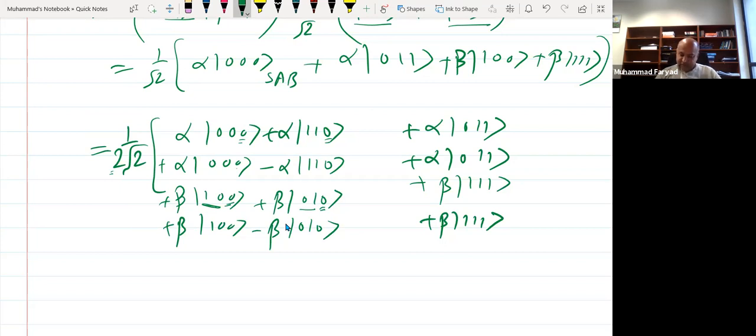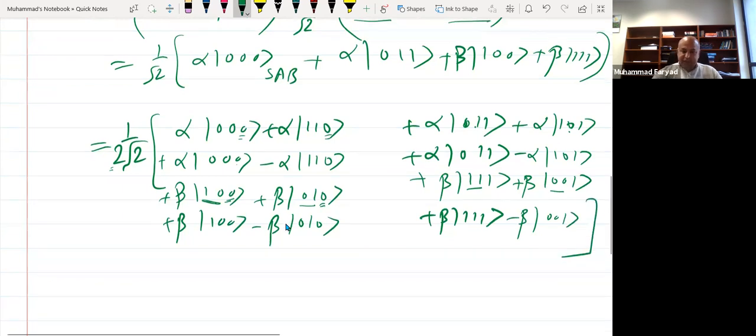Similarly here, let me add alpha 1, 0, 1, and now you see the idea. This is 0, 1 on the left, so I'm adding 1, 0, so that when I take 1 common, I have a combination 0, 1 plus 1, 0. Similarly, let's subtract alpha 1, 0, 1. So over here, beta 0, 0, 1, because this is 1, 1, I'm adding 0, 0, and then subtracting beta 0, 0, 1.